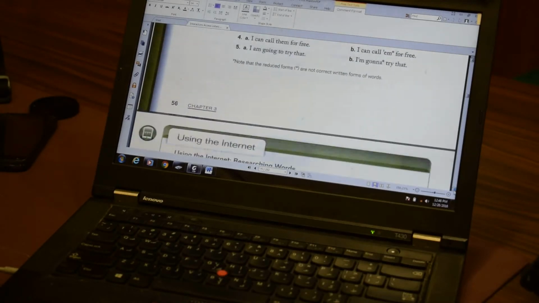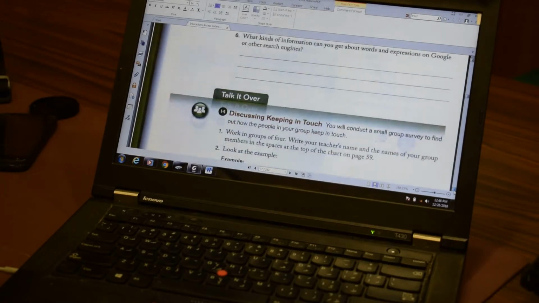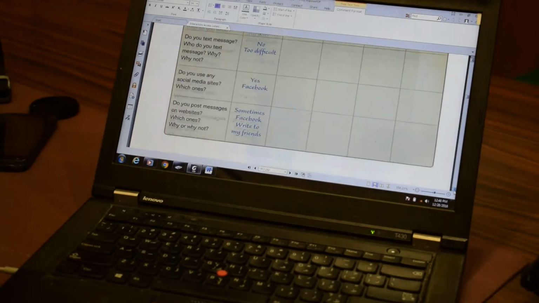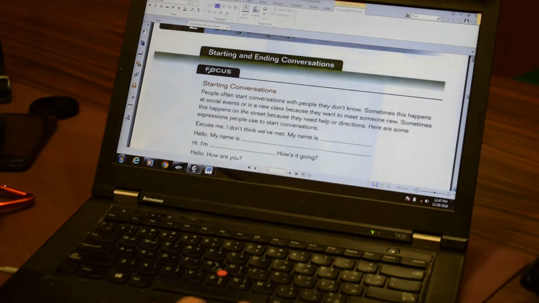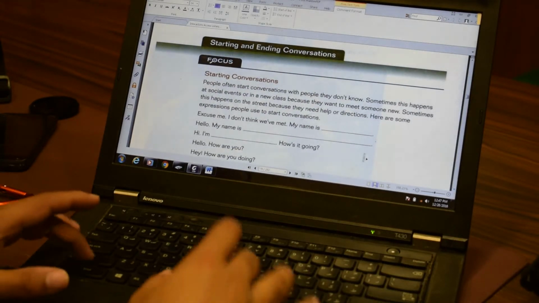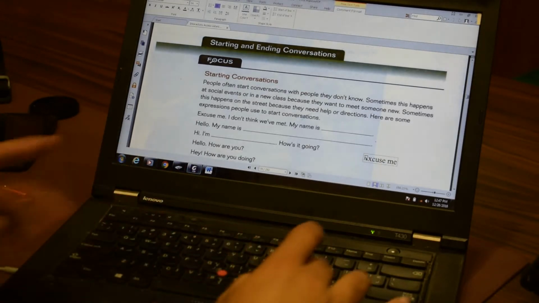Okay, let's go to the next activity, which might be more interesting than this one. Using language. Now here they're talking about how to start a conversation. When you go to a mall or you meet somebody on the street, how do you often start your conversation? You normally say words like excuse me, and then you initiate.